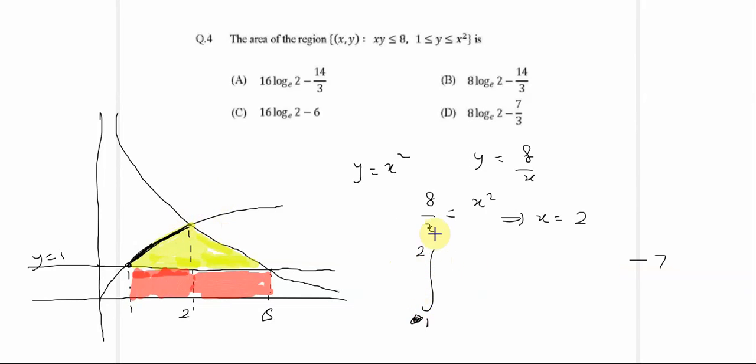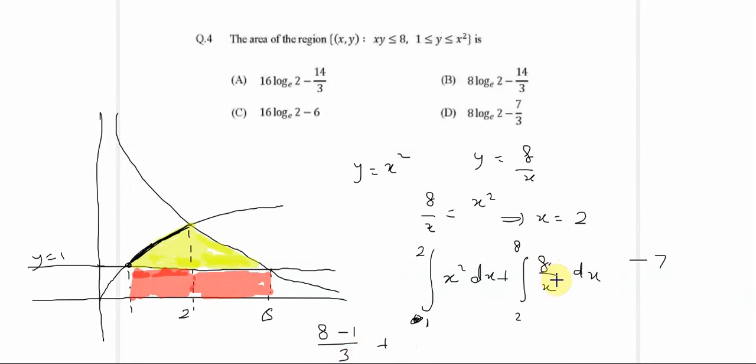This function is y equal to x squared, so x squared dx, plus integrating from 2 to 8, that is y equal to 8 by x dx. Now this is x cubed by 3, and putting in the limits, we get 8 minus 1 by 3.